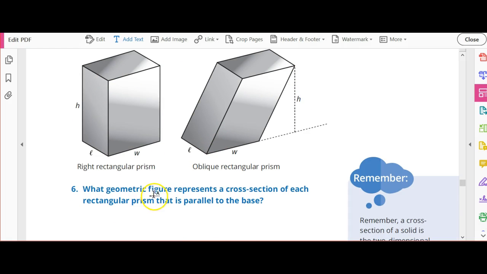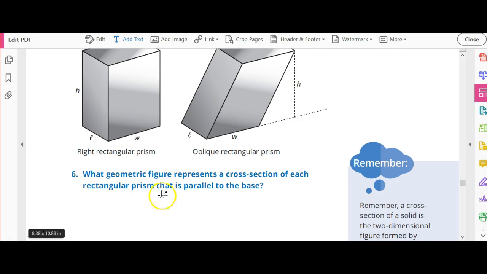So what geometric figure represents a cross section of each rectangular prism that is parallel to the base? So now we're going to cut across in a way that's parallel to the base. So let me just imagine that here, right? And I'm going to get a brighter color for this.